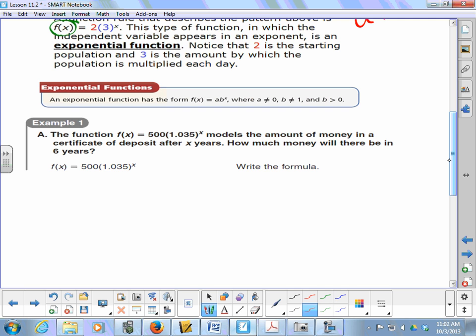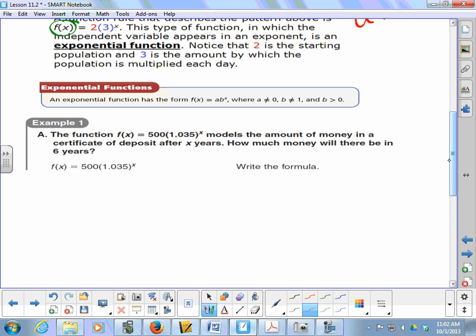So here's example 1. It says the function f of x equals 500 times 1.035 to the power of x models the amount of money in a certificate of deposit after x years. How much money will there be in 6 years? Here we just have a calculator problem. Can we put this in and do it correctly in our calculator?